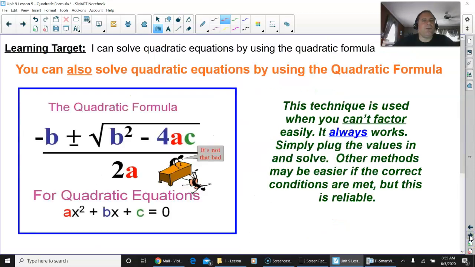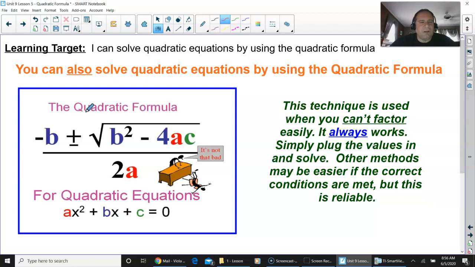So you could also solve quadratic equations by one last method. It's called using the quadratic formula. This is the quadratic formula right here. It's negative b plus or minus square root of b squared minus 4ac divided by 2a. All right, it's not that bad. Don't worry about it. It does look a little crazy.